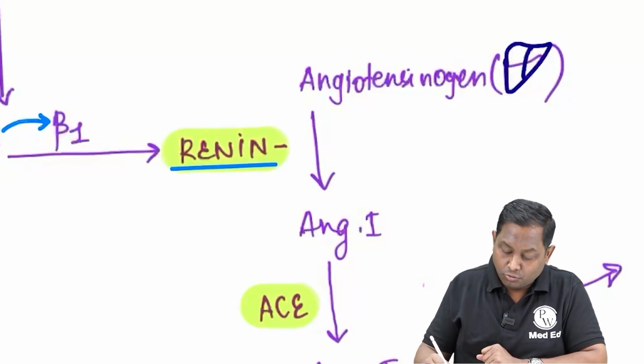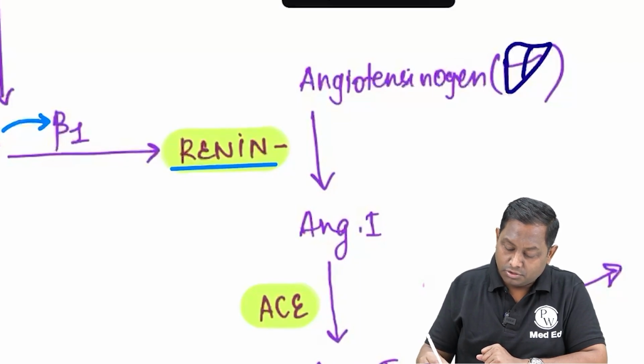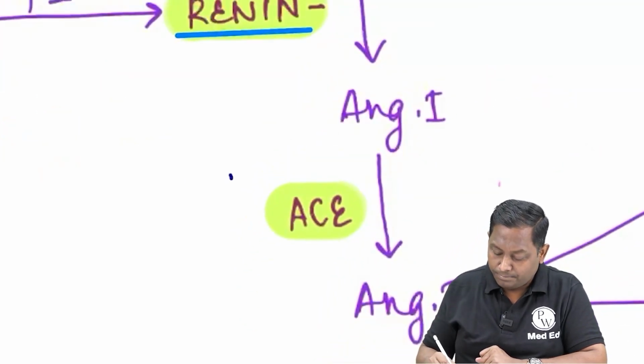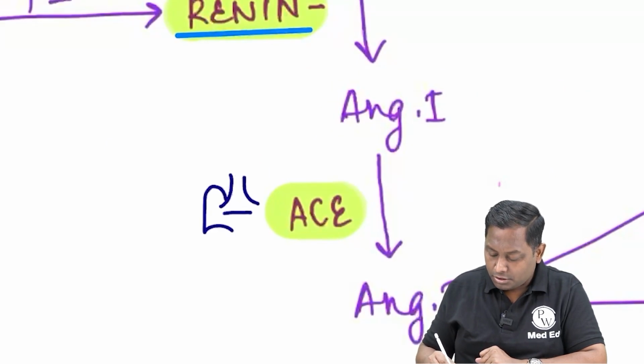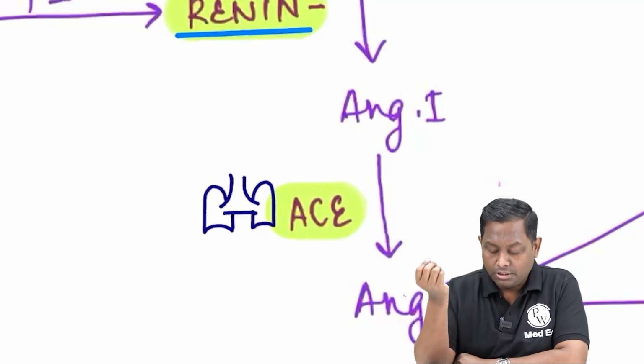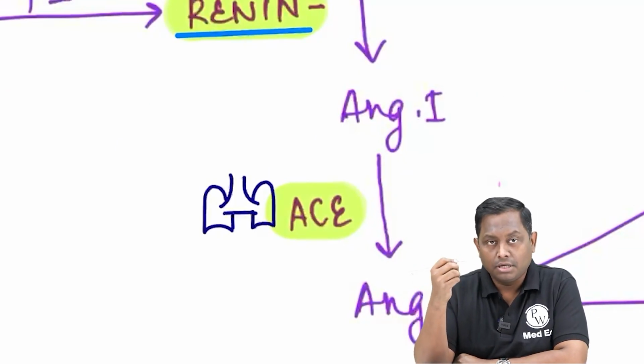Remember, the source of this angiotensin converting enzyme is pulmonary vessel endothelium. तो मैं यहाँ पे पल्मोनरी को दिखाने के लिए I am just showing you a छोटा क्यूट सा lung. ठीक है, I am showing you a lung here, that is going to be the source of your angiotensin converting enzyme.